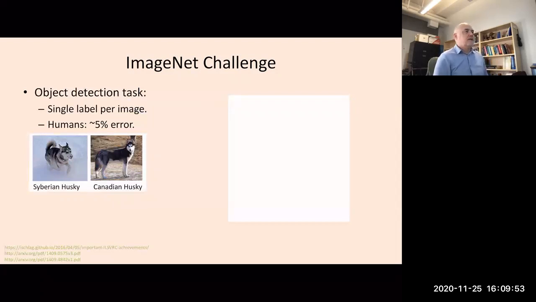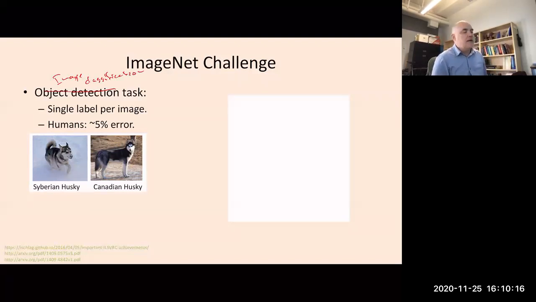Okay, so the object detection task, which is actually just an object classification or image classification task, assigns one label per image. I would really call this image classification, not localization.